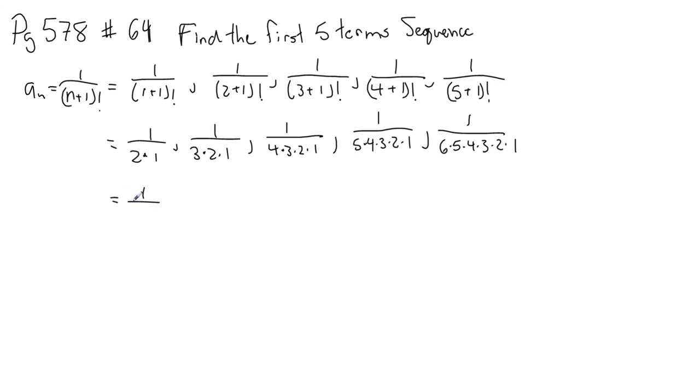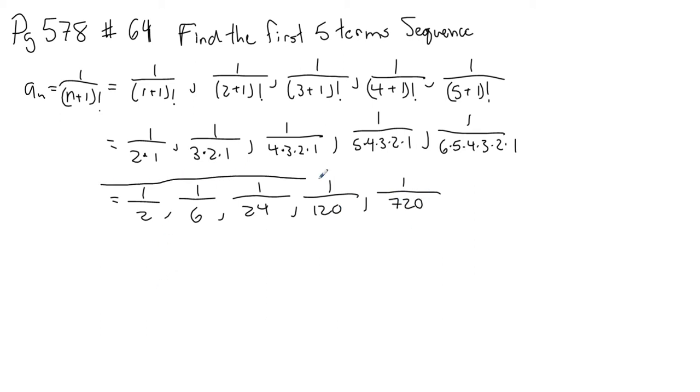And so this is 1/2. This is 1/6. And then 6 times 4 is 24. And then we already know that 5 factorial is 120. And then 120 times 6, let's see here, 100 times 6 is 600. And then 6 times 20 would be 120. So I'm thinking 720. And again, I didn't check that, so you might want to have a go.